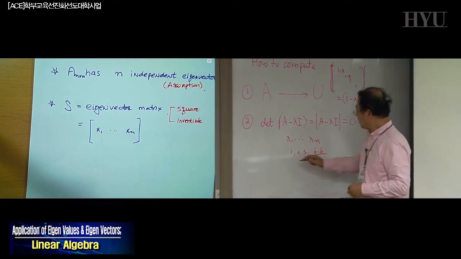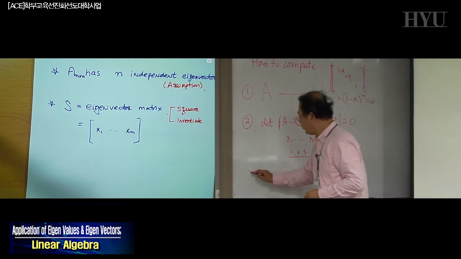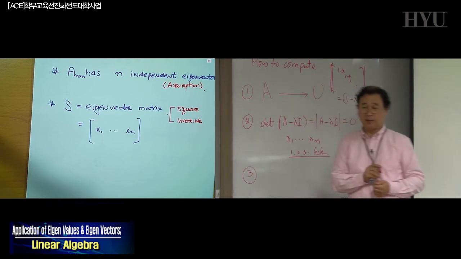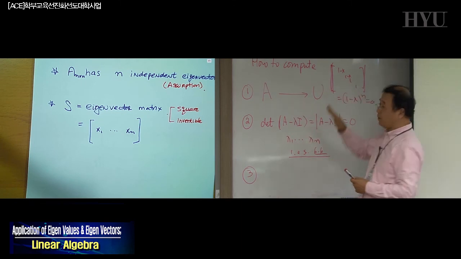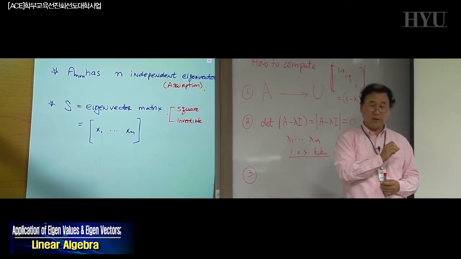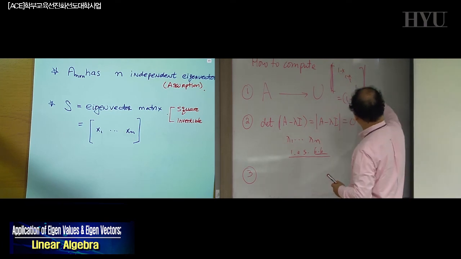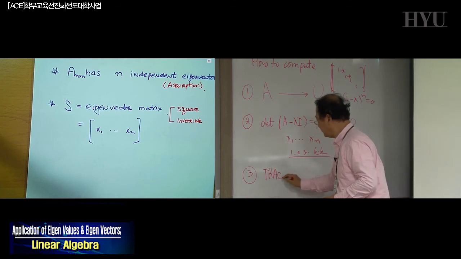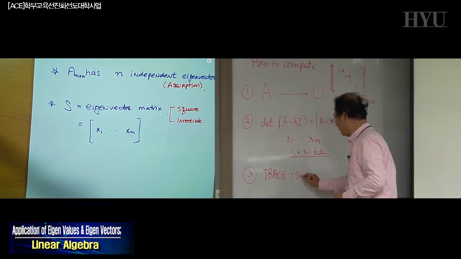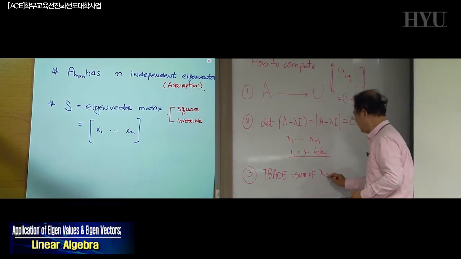So based on that, the third one is we use some properties. I don't want to use that, but just by observing some matrices, we can compute. One of the properties is the trace of the matrix. When you add up the diagonal, the trace is the sum of the lambdas.